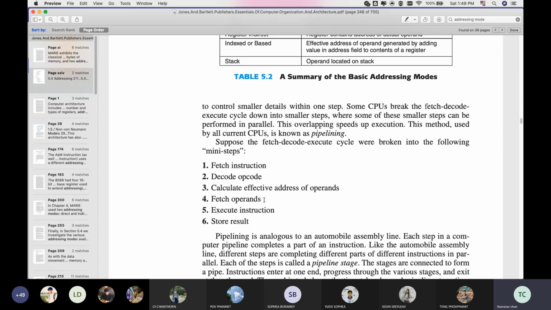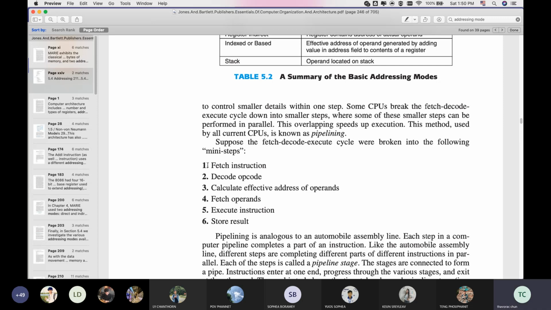The process is that when you feed the instruction into the CPU, you need to copy it into the instruction register. Later, I will show you a video of how it works in more detail.